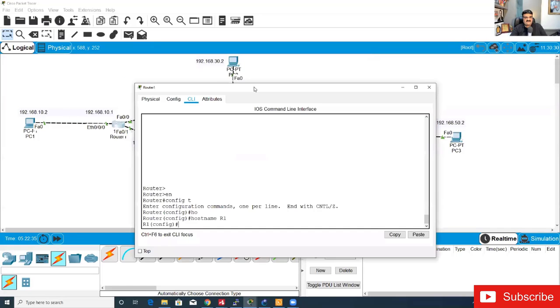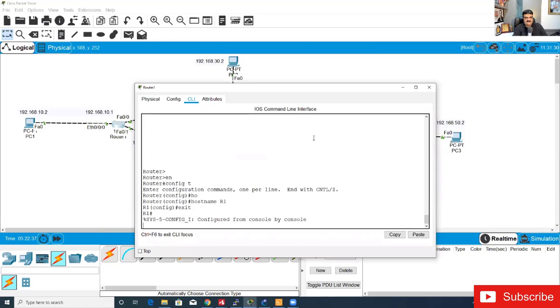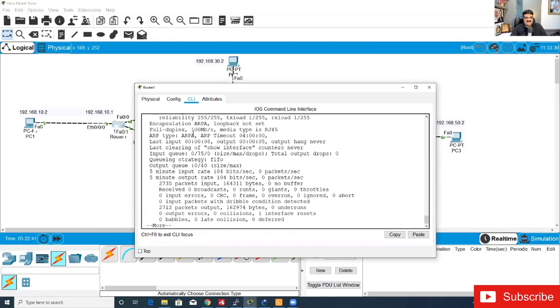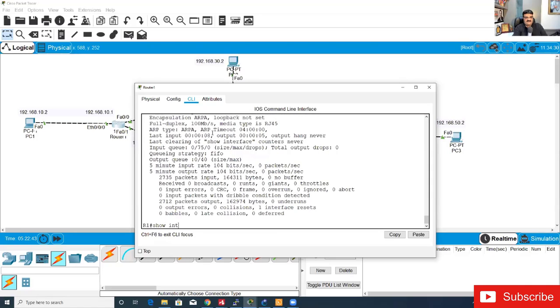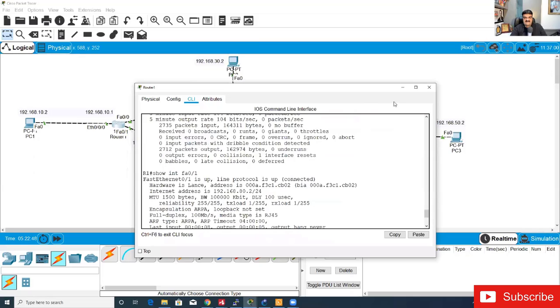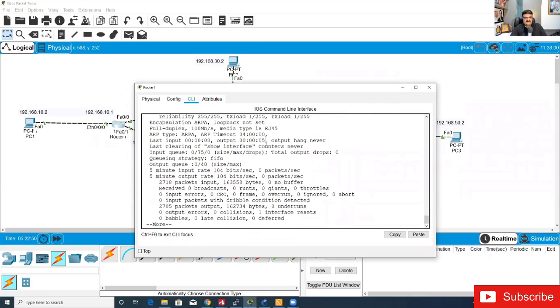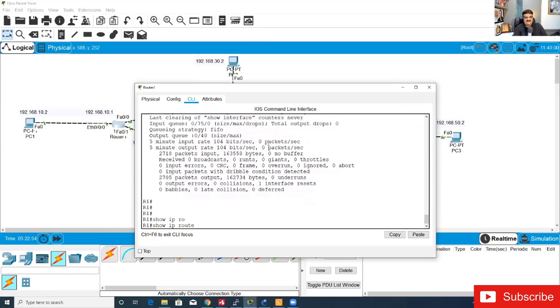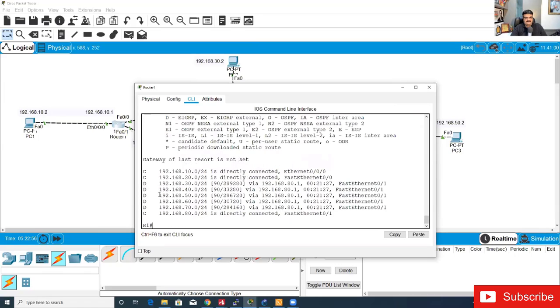I'm having two interfaces. So let me verify the cost. Interface FastEthernet 0/0, here it is 100 Mbps. And interface FastEthernet 0/1, here is also 100 Mbps. I changed the cost. Okay, maybe it is not visible, but let me verify this. See, when you give this command, IP route, I have one route to send the 50.